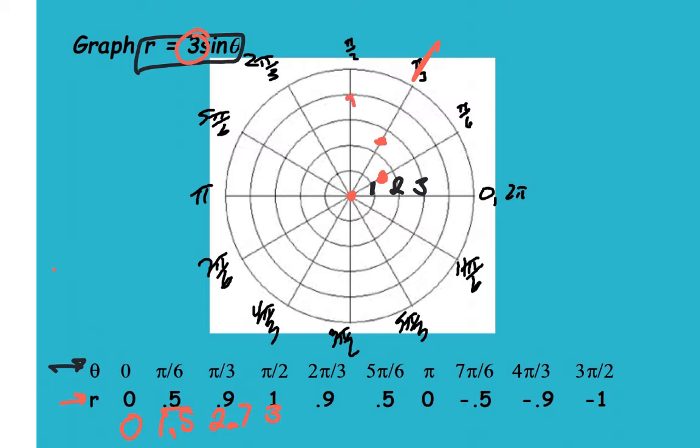So I need to go to 3. 2.7 again at 2 pi over 3. That did not graph well for some reason. I think I know why. I think my hand was on the side of the screen. So at 5 pi over 6, we're at 1.5.